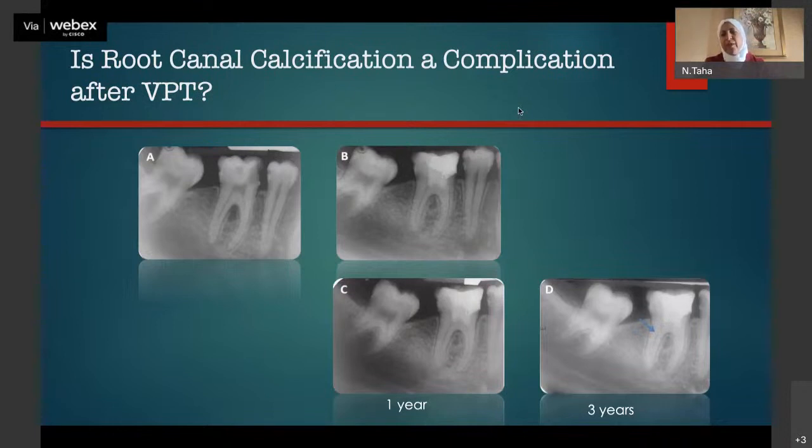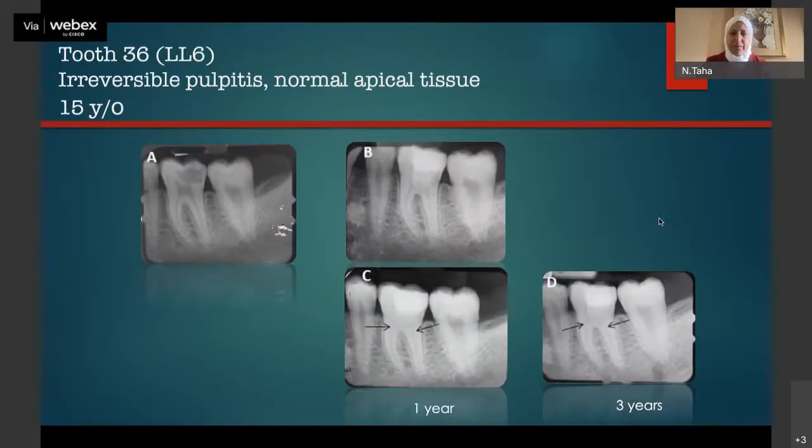But in adults, if you look at this example, pulpotomy at 3 years, I could see only a dentine bridge in the middle. But if you place a crown on this tooth, you will never need to access the root canal again. So calcification is not a worry after vital pulp therapy. These are just arrows pointing to the dentine bridge.